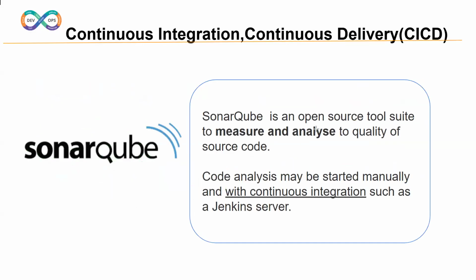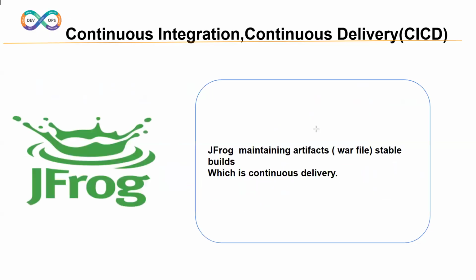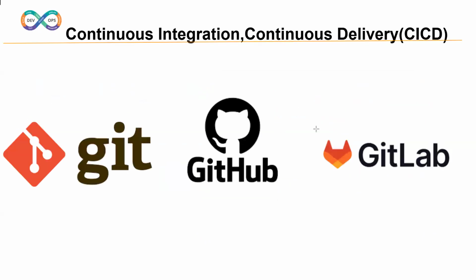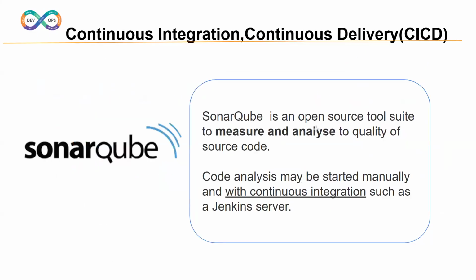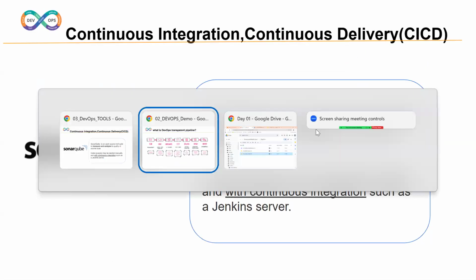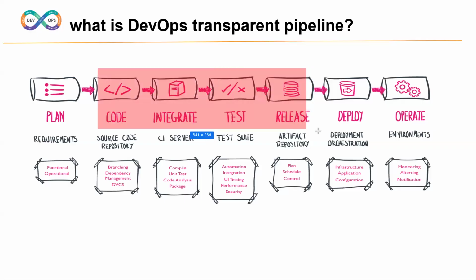We are also going to learn SonarQube. SonarQube is a code analyzer: whether the developers are following standards or not, whether they are using the right functions or not. We analyze that, and it generates reports and statistics also. So with the help of Git, GitHub, Maven, Jenkins, JFrog, SonarQube, we are going to implement an automated DevOps transparent pipeline, a CI/CD, continuous integration, continuous delivery.